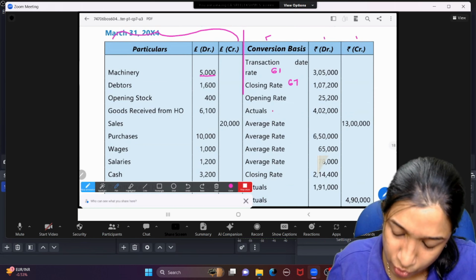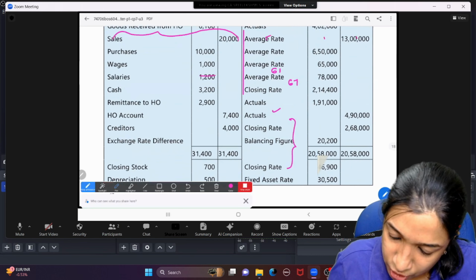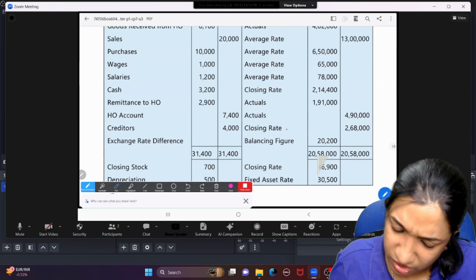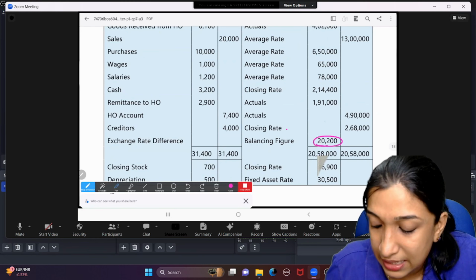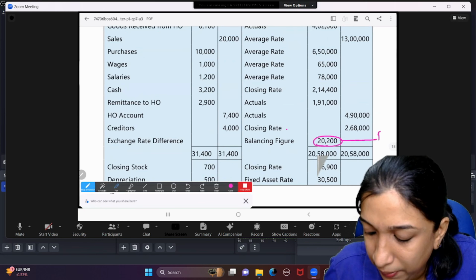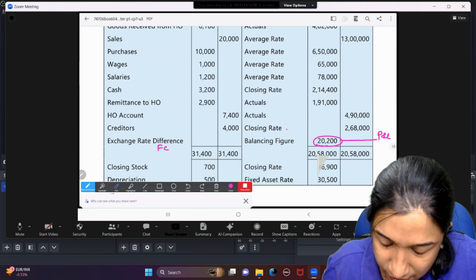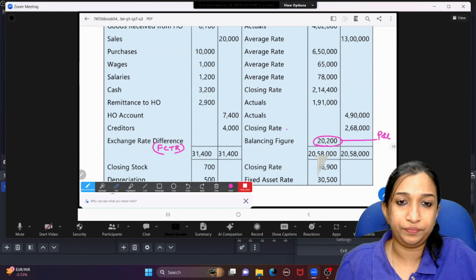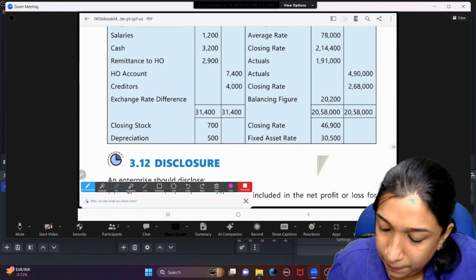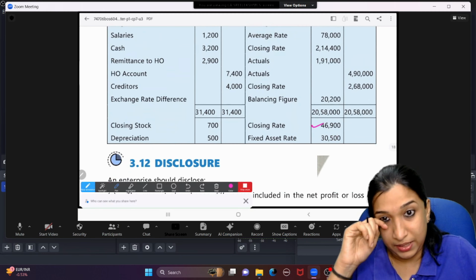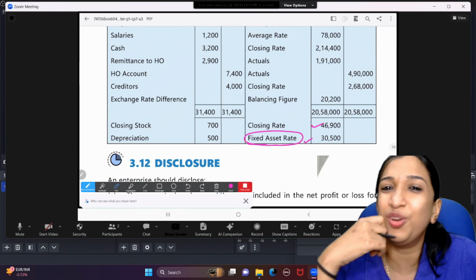Goods received, actuals. Average, closing rate. Actuals, creditors, closing rate. Exchange difference: because it is integral, it will be taken to P&L, or we would have shown it as exchange difference in FCTR. So closing stock, as I said, in trial it will not come, but we will convert. Depreciation also using the fixed asset rate. Are you clear?